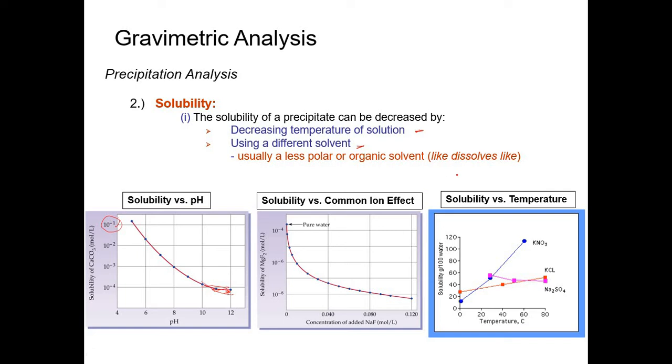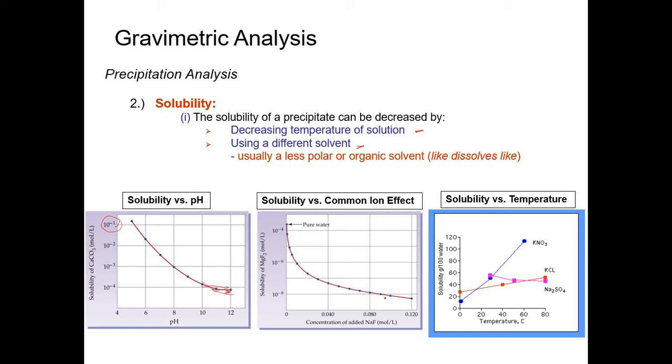Okay, you also have solubility versus common ion effect. You've encountered this from the previous module. So for example, magnesium fluoride. So for magnesium fluoride, if it's mixed with sodium fluoride, right? The fluoride is the common ion, right? So the solubility of magnesium fluoride will decrease.